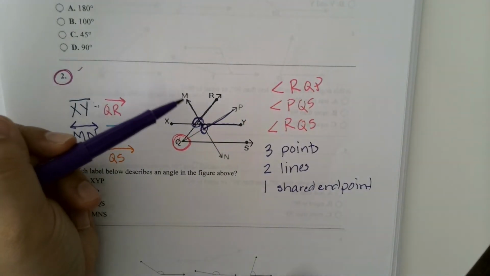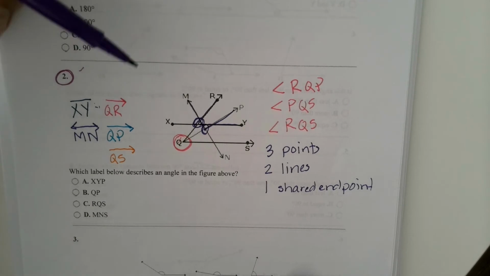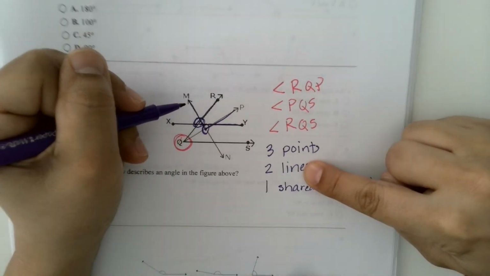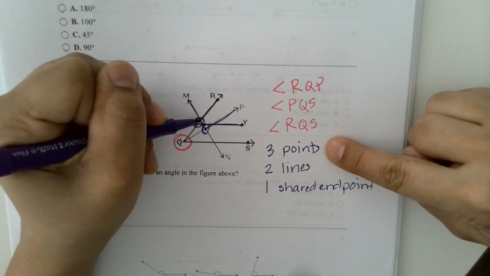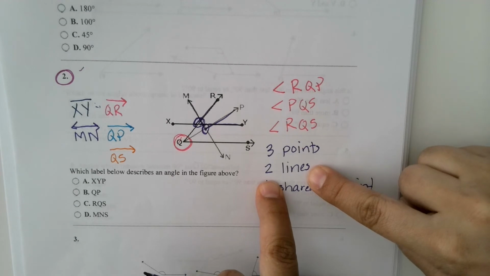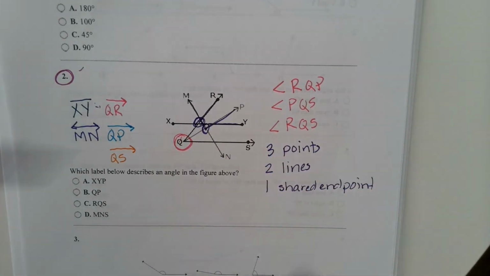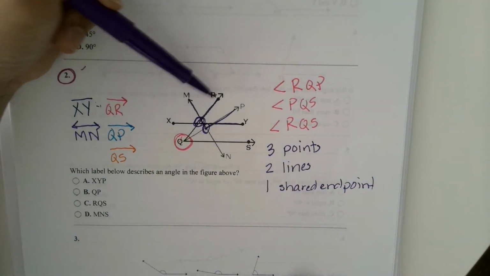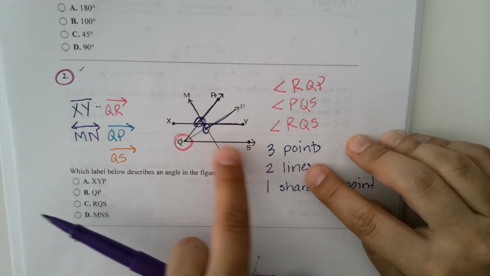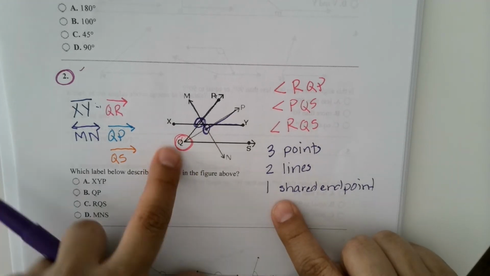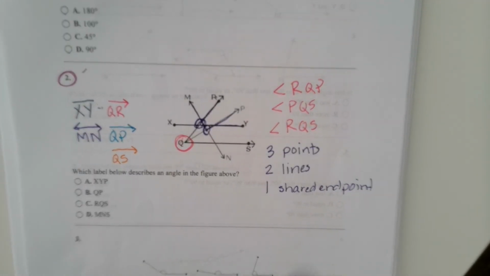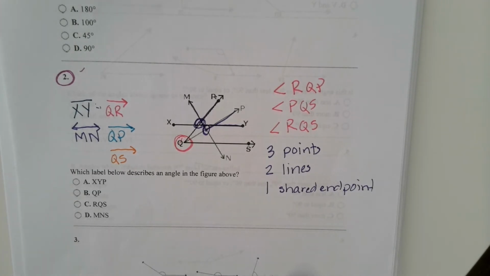So right here where line MN is crossing line QR, there's two lines, but there are not 3 points meeting right here. So it only qualifies under the two lines. It must hit all 3. So if we look at RQS, I have 1, 2, 3 points, I have 1, 2 lines, and I have a shared endpoint. So always keep this in mind when we're looking for angles.